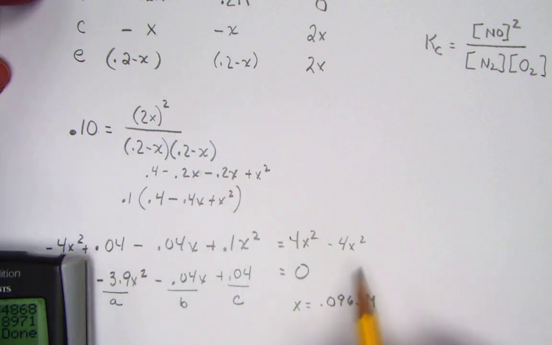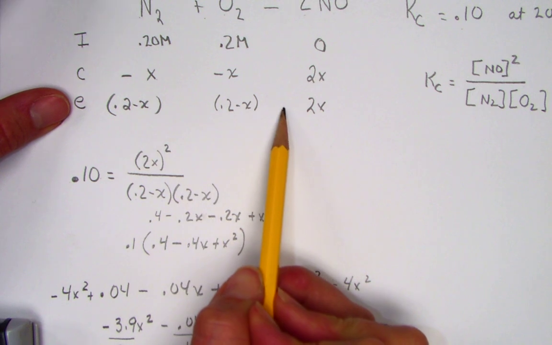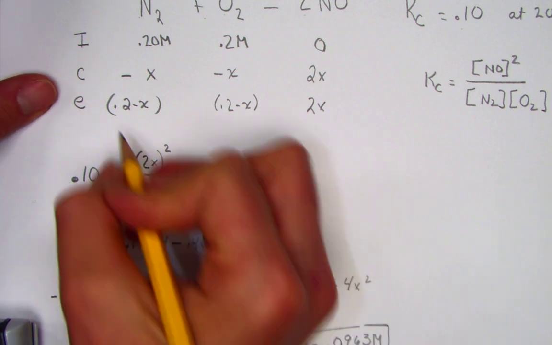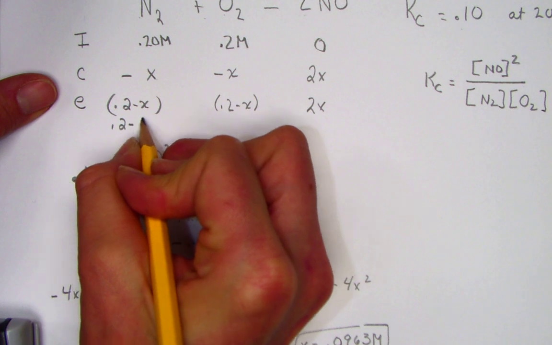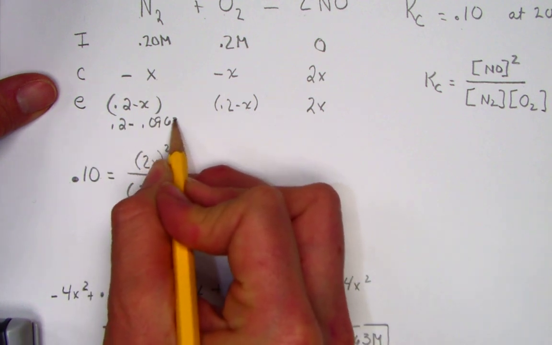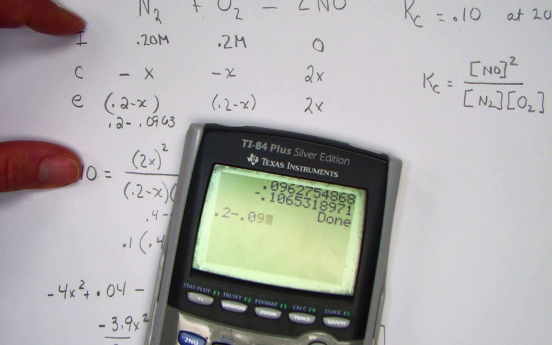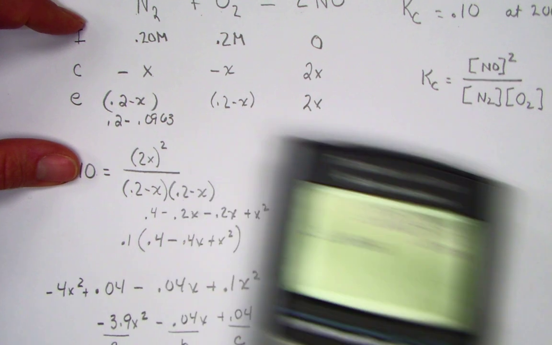So now that I know x, I can bring that up to my equilibrium chart and actually solve for the equilibrium concentrations. 0.2 minus the value we solved for x. So I can take 0.2 minus 0.096, and what did I round to? 3.